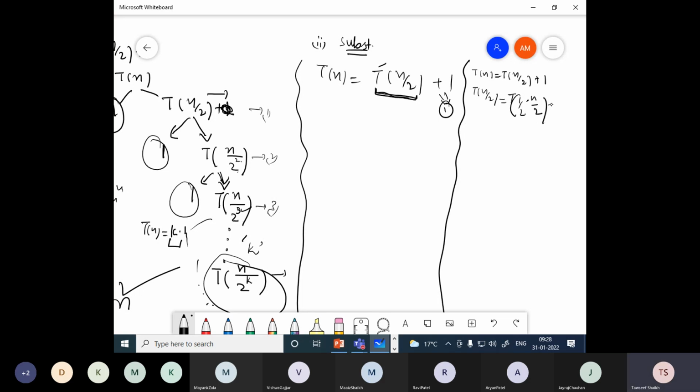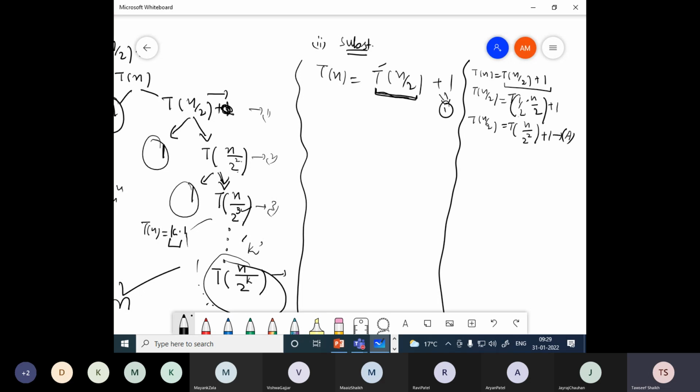And this plus 1 is already from the equation, because this is the whole equation, and here this is for this part, plus 1 is already there. So t of n by 2 will be equal to t of n divided by 2 square plus 1. Name this as equation number A.